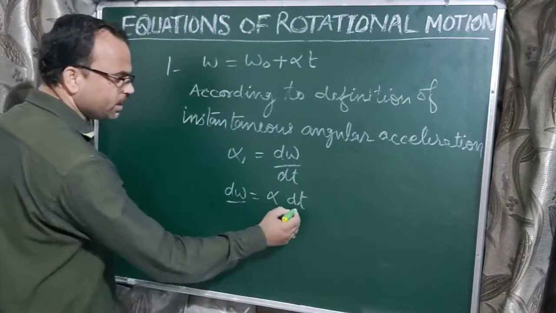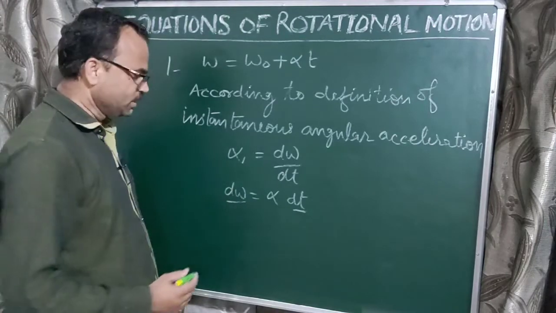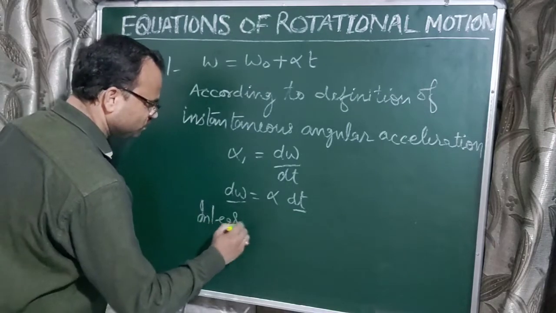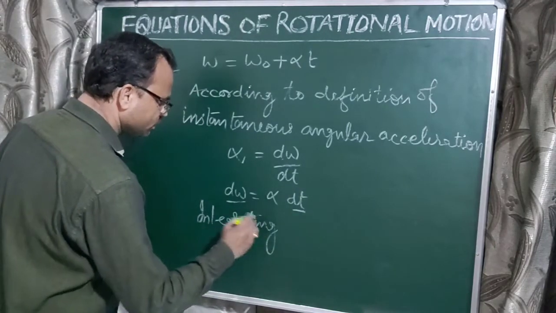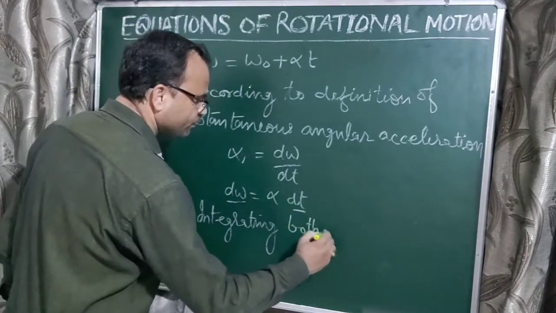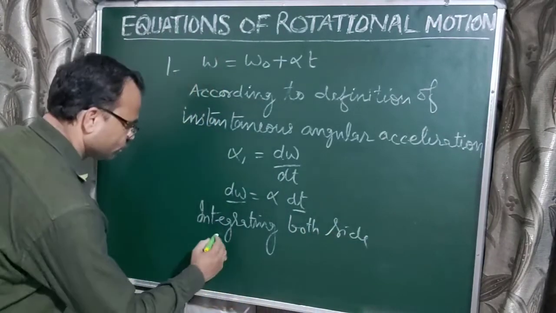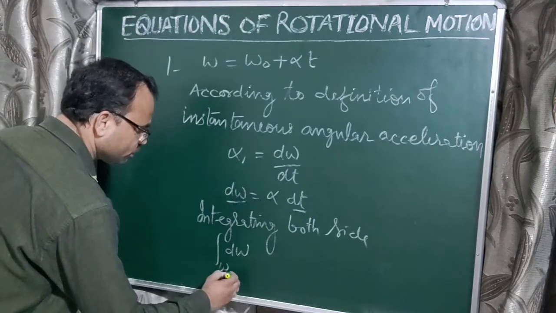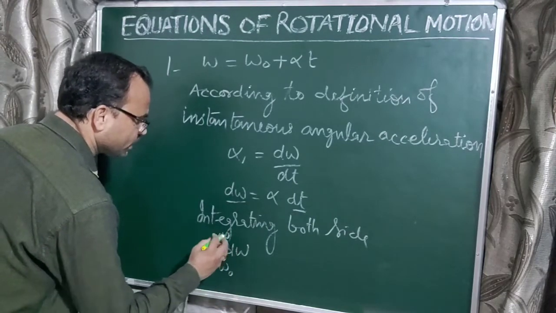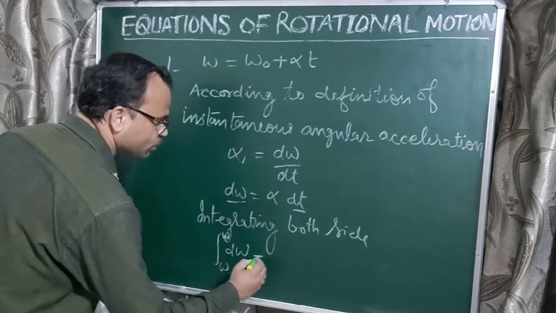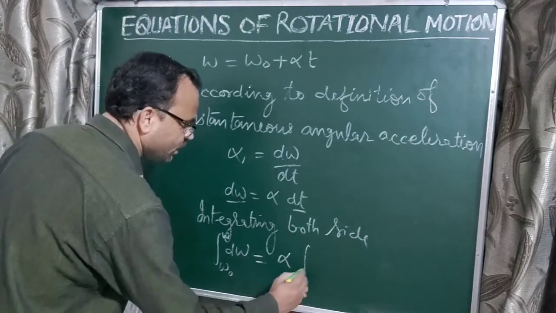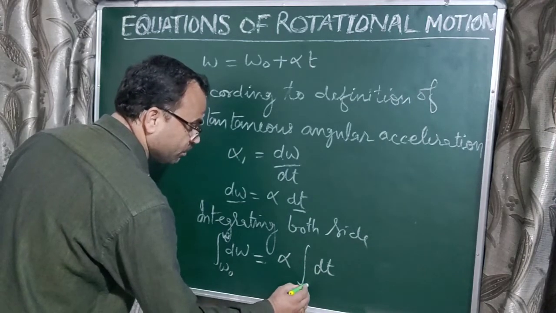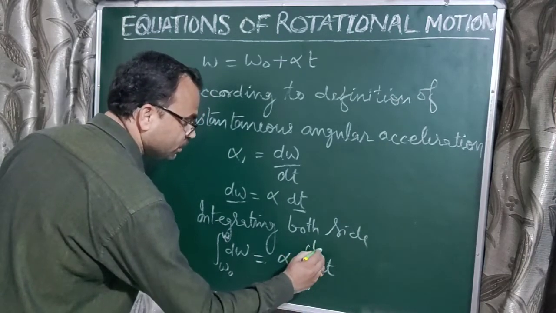Here d omega and dt are integrable, so integrating both sides: integral of d omega with lower limit omega naught and upper limit omega, equal to alpha, a constant taken outside, integral of dt with lower limit 0 and upper limit t.